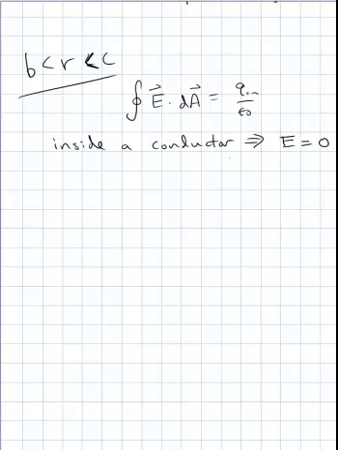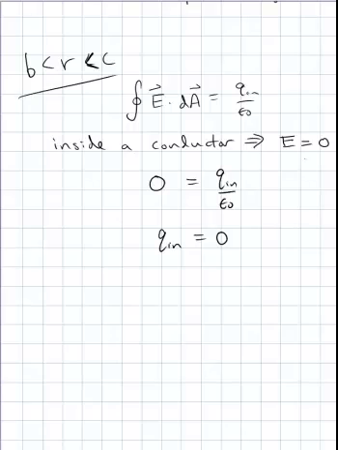So what does that tell us? If E is 0, that tells us that 0 equals Q in over epsilon naught, and that tells us that Q in has to be 0. So normally we use Gauss's law to find the electric field knowing Q in. This time we knew the electric field, we plugged it in, and we solved for Q inside our Gaussian surface.